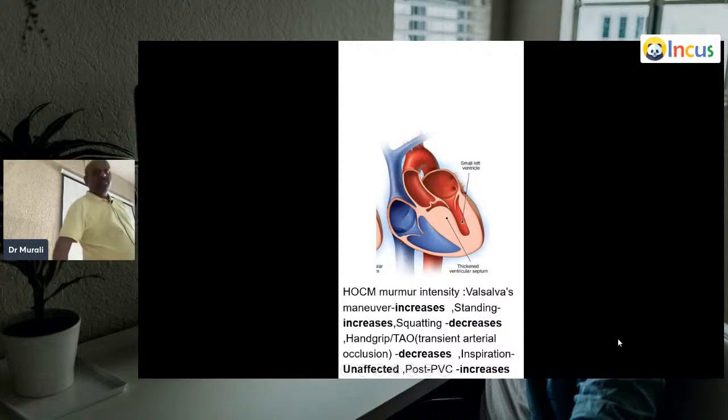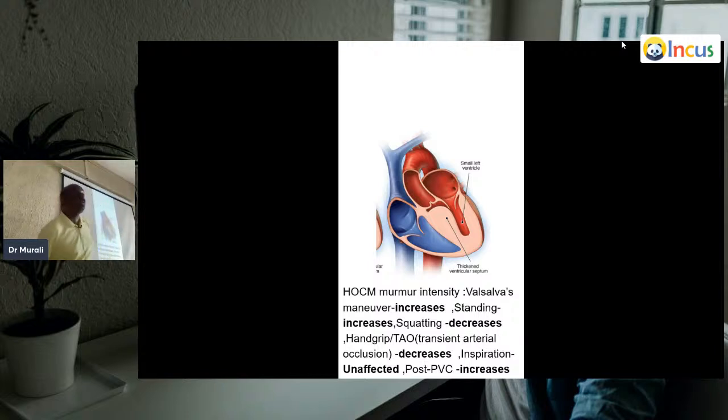Summarize. Valsalva maneuver is opposite to inspiration. Inspiration increases the venous return. Expiration decreases the venous return. If there is decreased venous return, there is decreased preload to the heart. The left atrium receives less blood, so there is less blood in the left ventricle, and the left ventricular size is smaller.